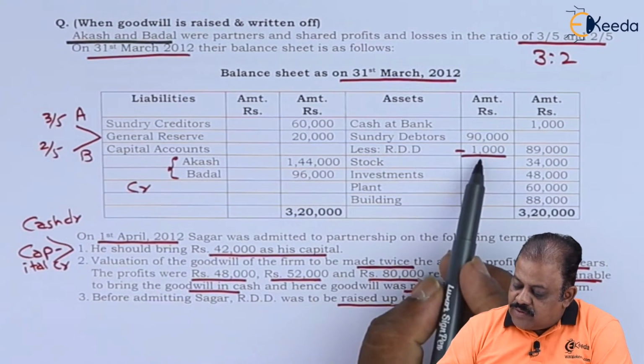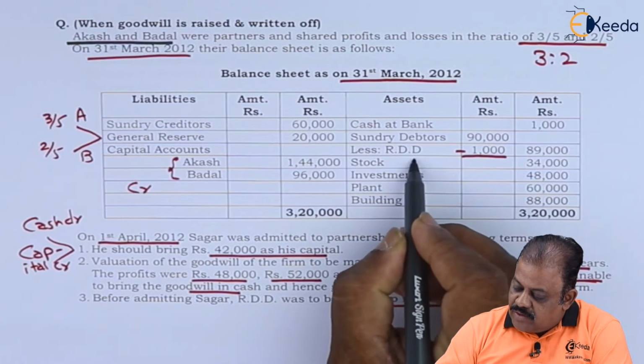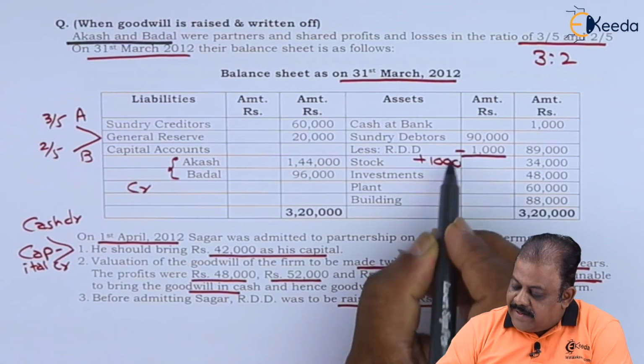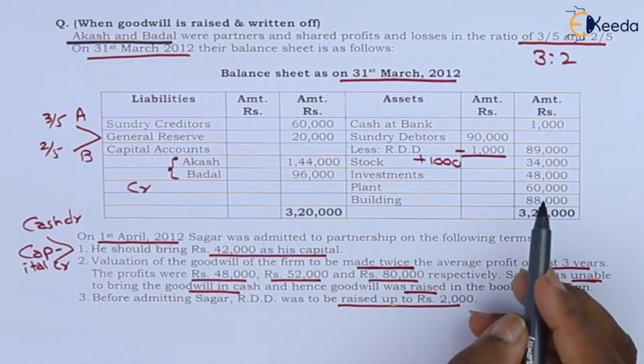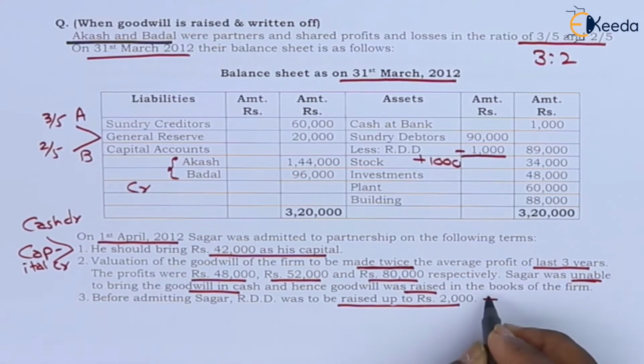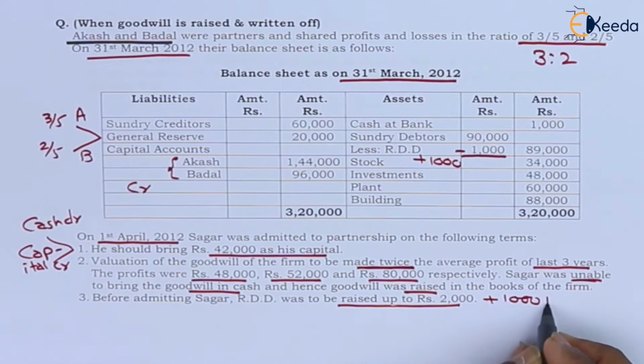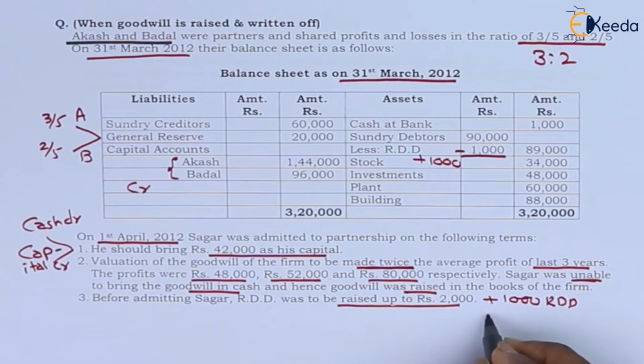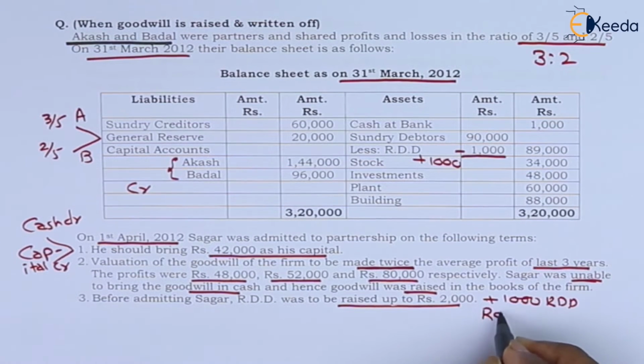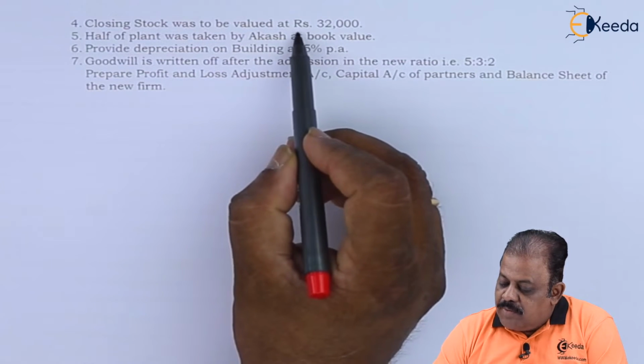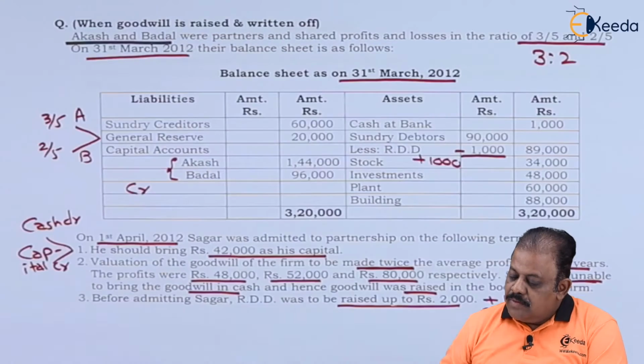Before admitting Sagar, RDD was to be raised up to 2,000. Current RDD is 1,000. So we are required to add 1,000 more to RDD. So it will become 2,000. This will have one effect, adding 1,000 to RDD. Second effect, revaluation account debit. Closing stock was to be valued at 32,000.